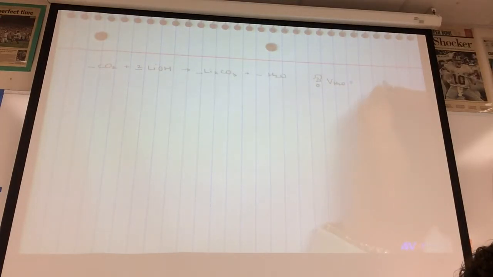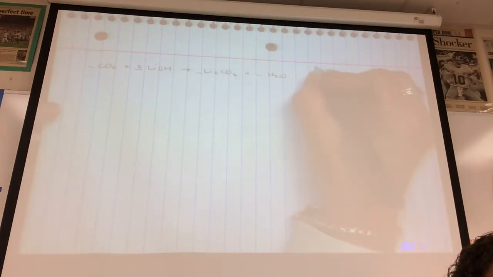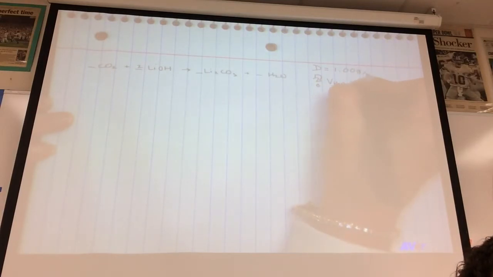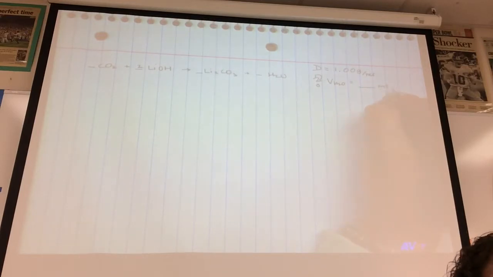When you're trying to determine the unit, if they don't specify how they want the unit, look at the density. The density is 1 gram per mil. And because they didn't specify how they wanted the volume, I'm going to use mils because it's going to be easier.